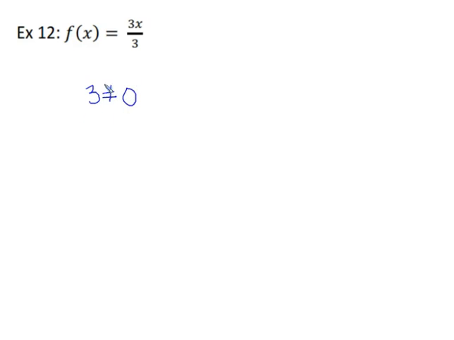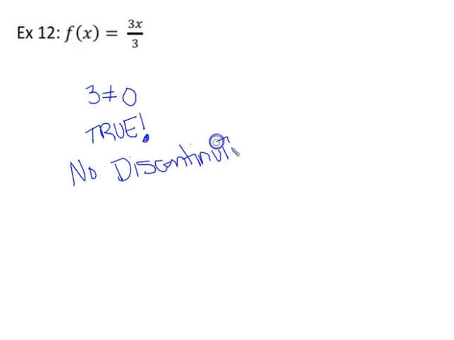But notice how, since we don't have an x value that makes the denominator zero, and we take a look at our statement, it's actually true. So we can't really find an x value that does not work, meaning that there are no discontinuities. We can't really find anything, meaning that every single number is going to work.